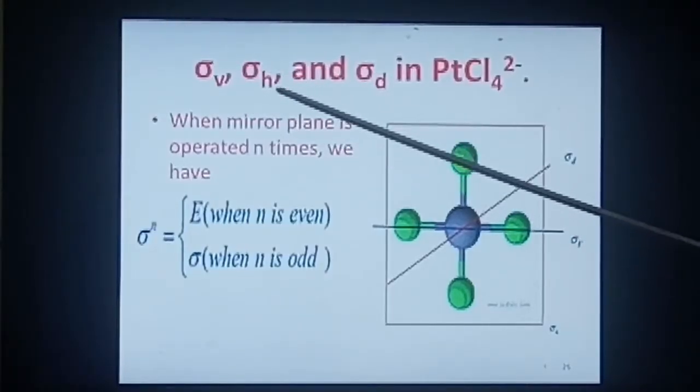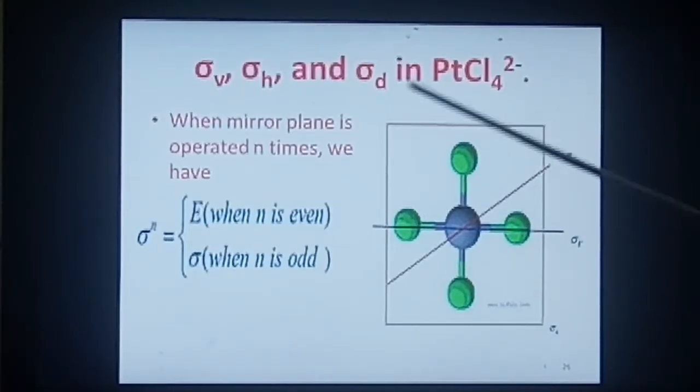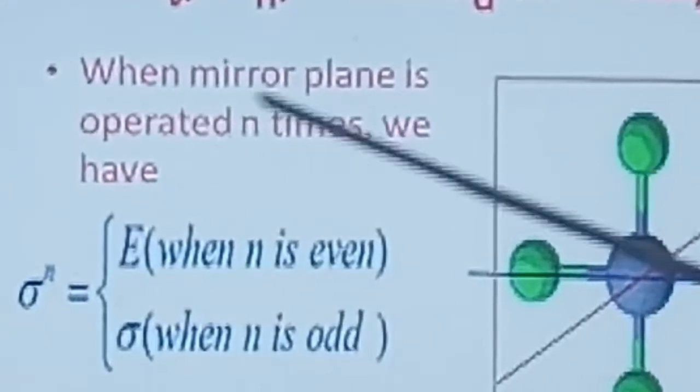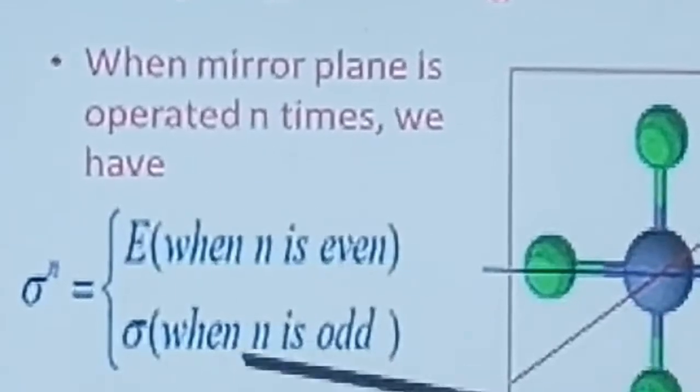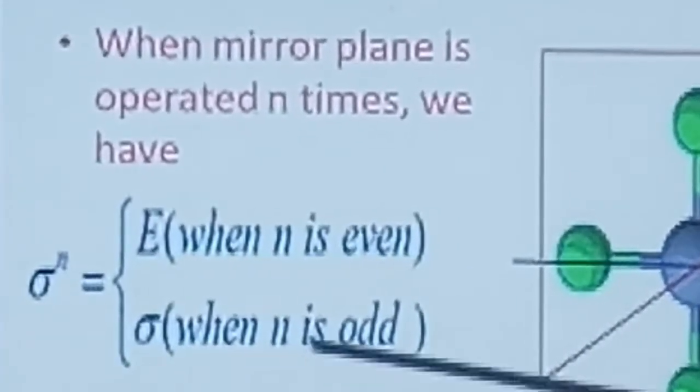Sigma V, sigma H and sigma D in the tetrachloroplatinate ion. This is a square planar ion, and when a mirror plane is operated n times, we have E when n is even, and sigma when n is odd.